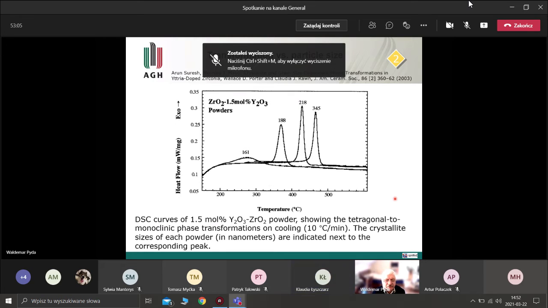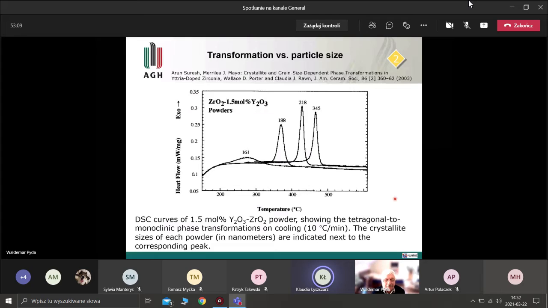Can you repeat the question, because I don't understand now? What type of transformation is shown here?